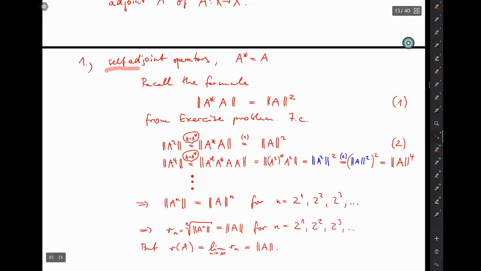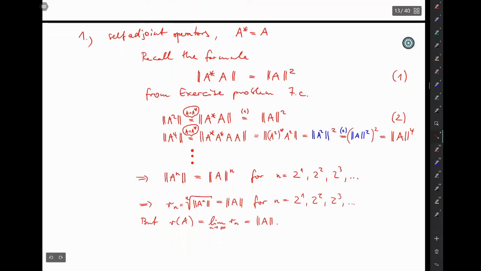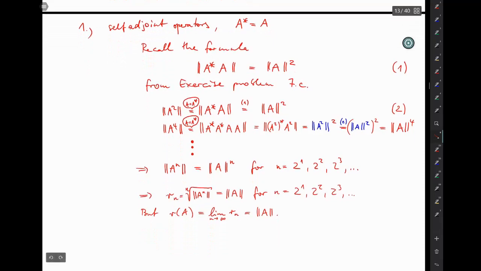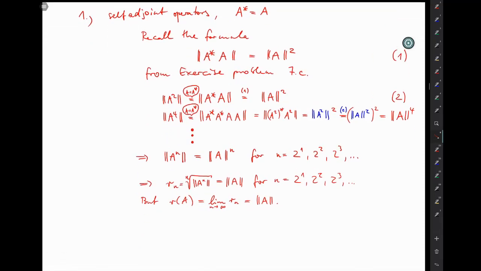Okay, excellent. So for self-adjoint operators, the spectral radius turns out to be just the norm of A. Can we find other, maybe larger classes for which this is still true? Yes, we can. And this larger class is the set of all normal operators. And I hope you recall from your linear algebra course what a normal matrix is.